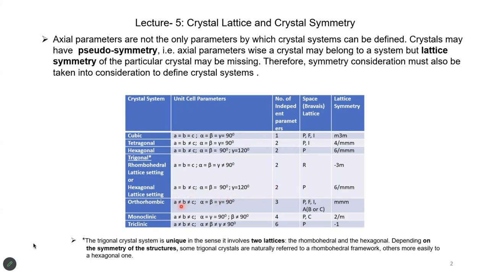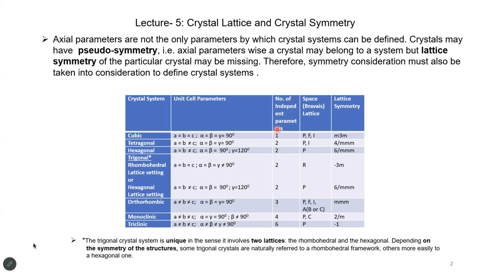We come to orthorhombic, where there are three independent cell parameters, a, b, and c. The rest are dependent directly. So three independent cell parameters. Then monoclinic, we have these three and one here, four independent cell parameters. Similarly, if we go for triclinic, it has no dependent cell parameters. All are independent, so we have 6 independent cell parameters.